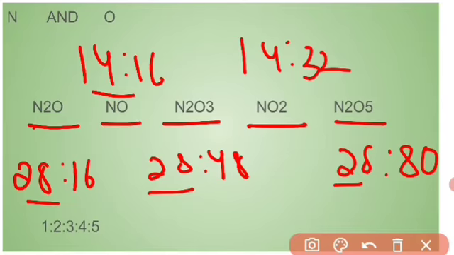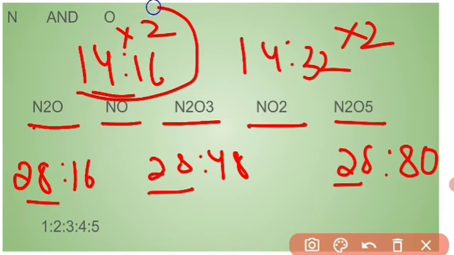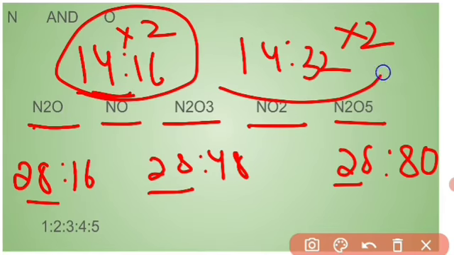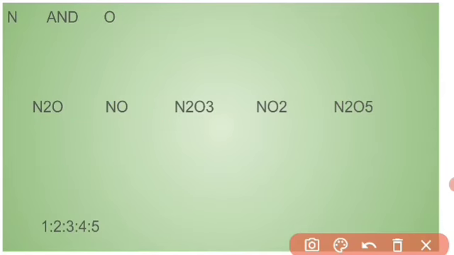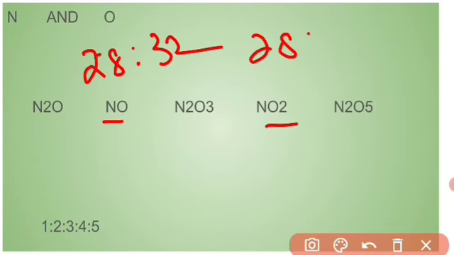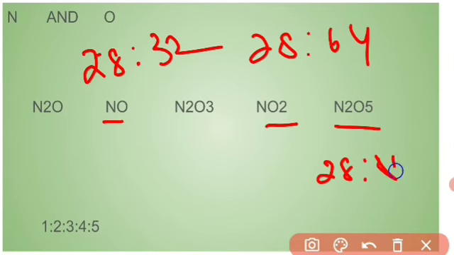In the other 2 cases, NO and NO2, we multiply both sides by 2. So here you will get 28 is to 32, and here 28 is to 64. The remaining you will get 28 is to 48 and 28 is to 80.